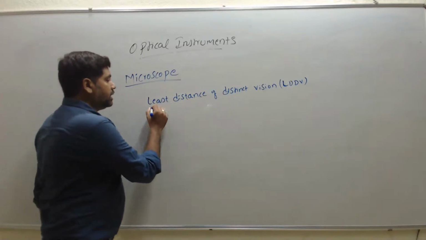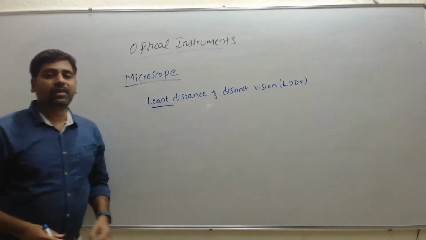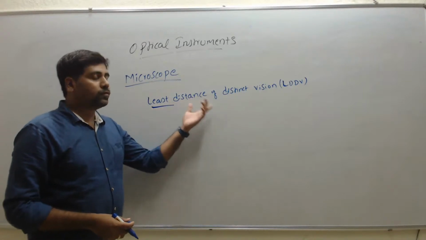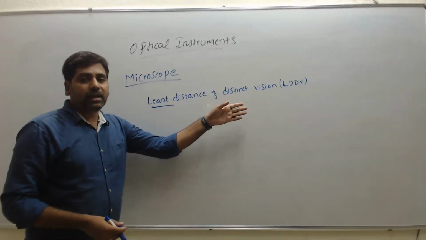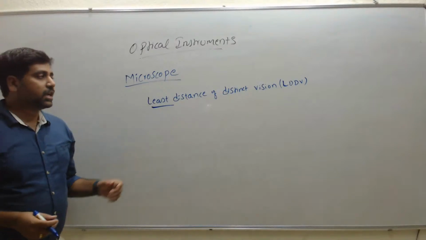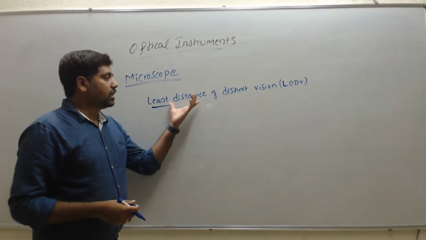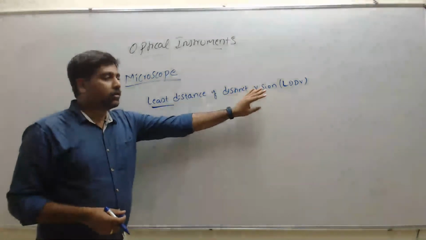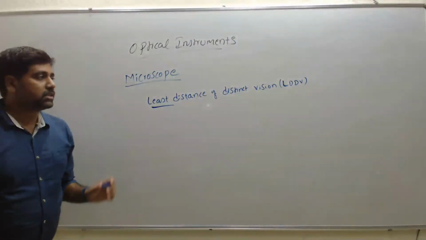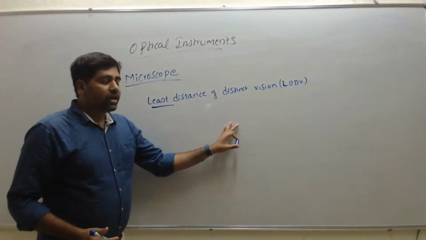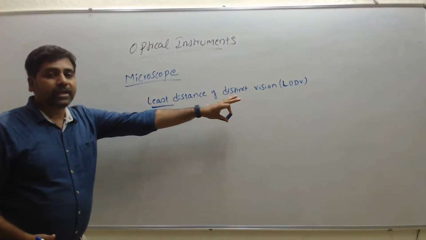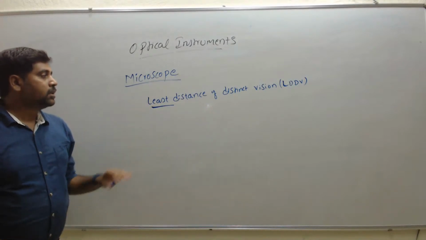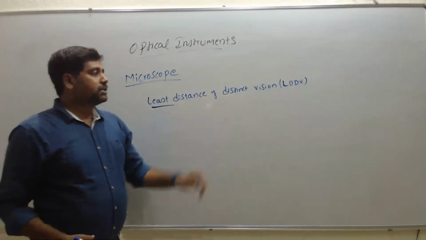Least distance is nothing but the minimum distance at which we can see the object clearly with our eyes without straining them. That distance we call the least distance of distinct vision.